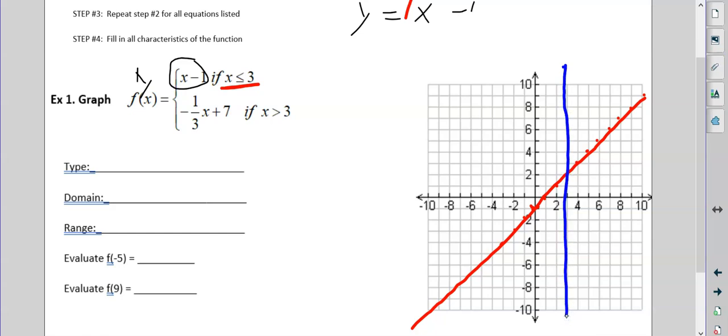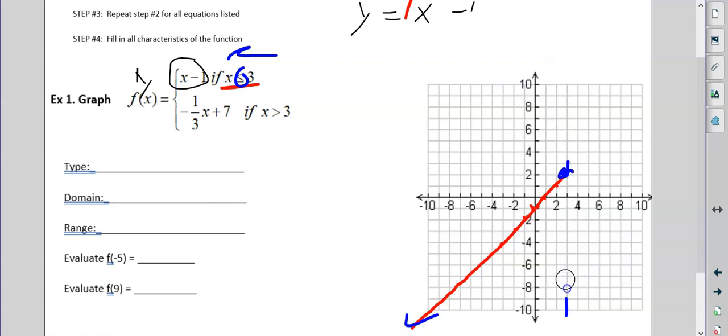Now, we want less than 3, which means we're going to cut and erase this part right there. And since it's less than or equal, we're going to put a solid dot at 3, real big. And that's our line right there.